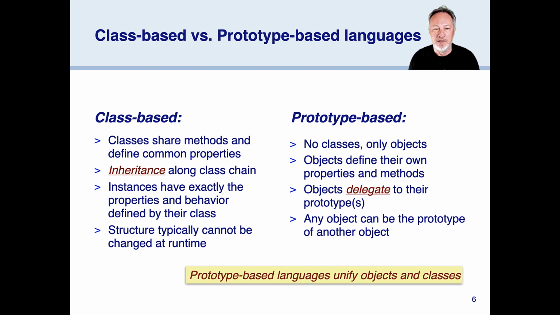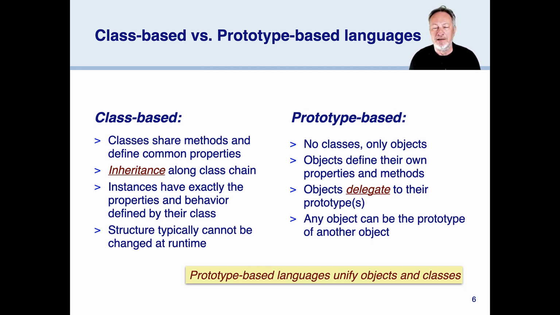So in class-based languages, classes serve two purposes. They serve the purpose of providing a template for creating instances, so they will create objects if you ask them nicely, and they're also a repository for shared behavior. So an object has its own state, but when an object is asked to do something, its methods don't belong to that object, but belong to the class.